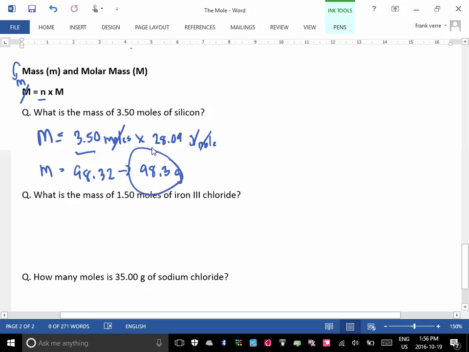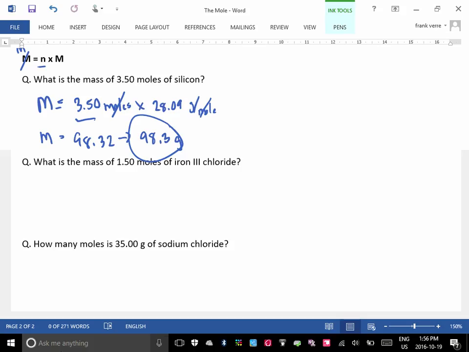We're almost done. Easy? Second last question, ladies. What is the mass of 1.5 moles of iron 3 chloride? So iron 3 chloride would be what formula? FeCl3. Okay. So in FeCl3, we have 1 iron atom.